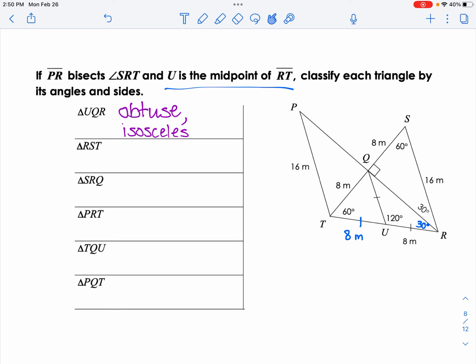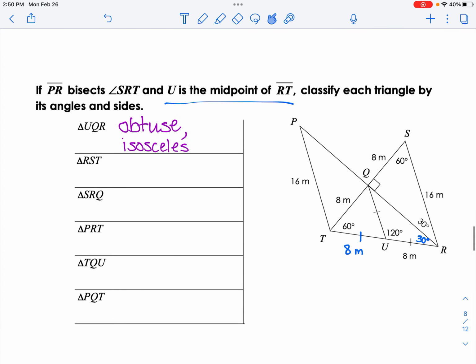Okay. Next, RST. Well, I know that this is 60, this is 60, and 30 plus 30 is 60. So those are all the same.